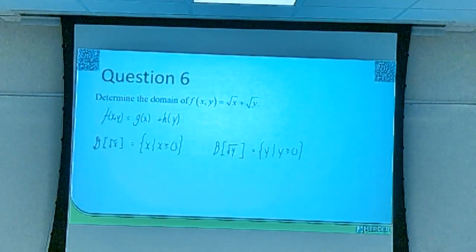So the domain has to be where the function is totally defined, right? Well, it means both x and y have to be non-negative. Could you also write it as the absolute value of one is the domain?